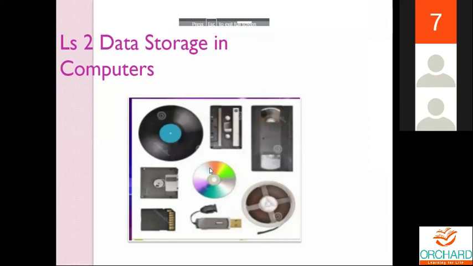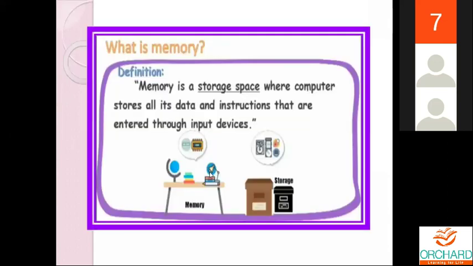Our second lesson is data storage in computers. Memory is a storage space where the computer stores all its data and instructions that are entered in the input devices. So the computer memory consists of many storage locations that have unique addresses. Each address holds an alphanumeric character.